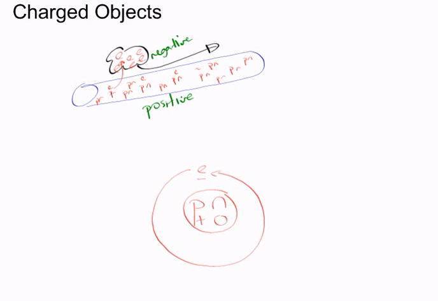It could happen the other way. We could have a different type of plastic, and we could rub it with our wool. And what happens now is that the wool could actually provide electrons to this. And one key thing to remember, it is always electrons that move.